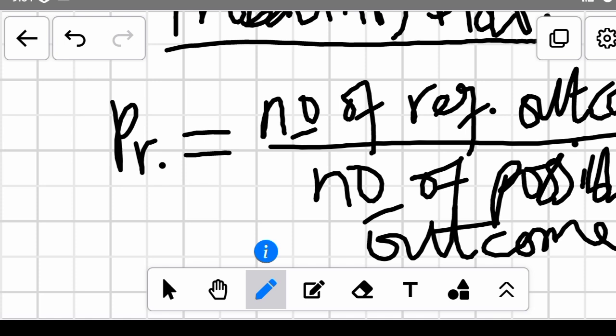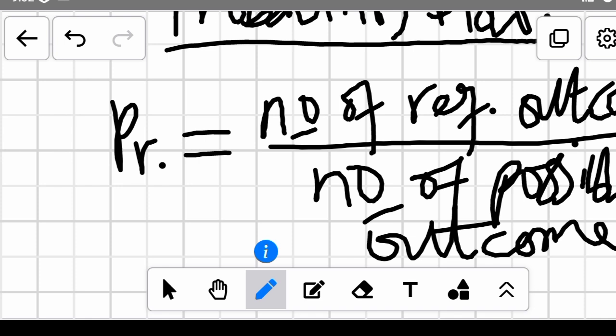Now, when we talk about probability distribution, we are talking about when events take place a number of times, and we want to consider the required outcome distributed over the number of times the event took place. Probability distribution has two types: the discrete and the continuous.